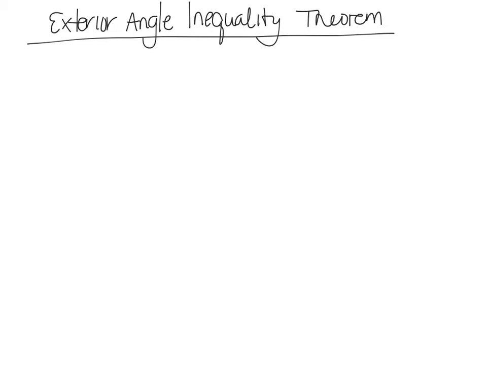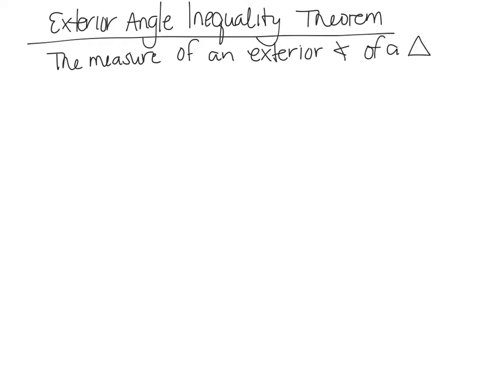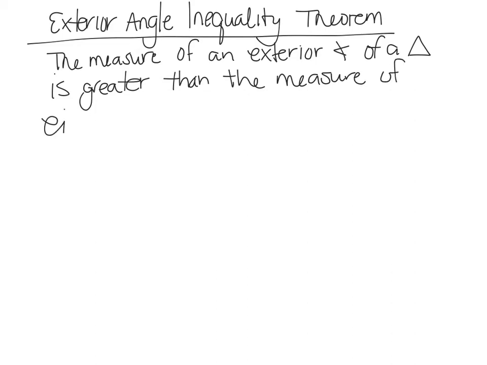And this is what we just discussed, but it says the measure of an exterior angle of a triangle is greater than the measure of either remote interior angle.